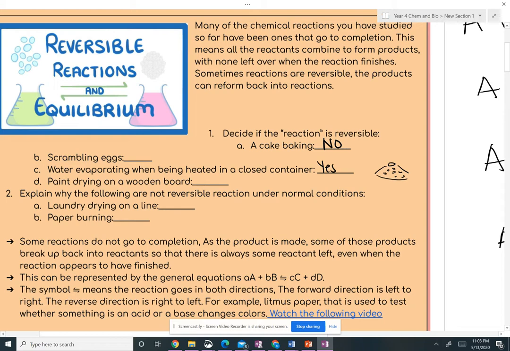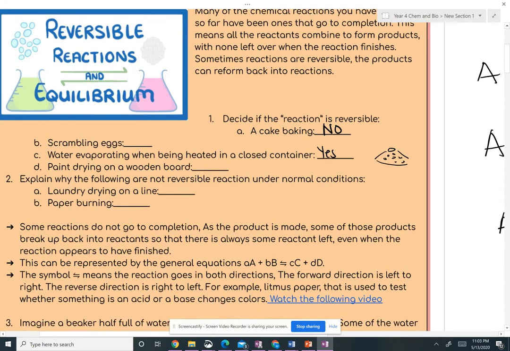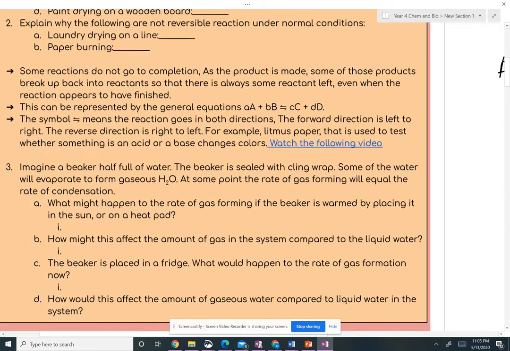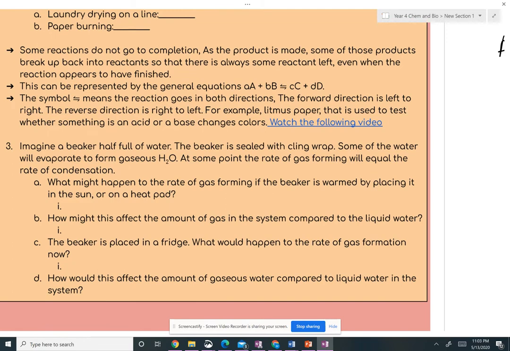So that is an example of something reversible. And then in this section, you are going to explain why the other one is not reversible. Same deal on here.